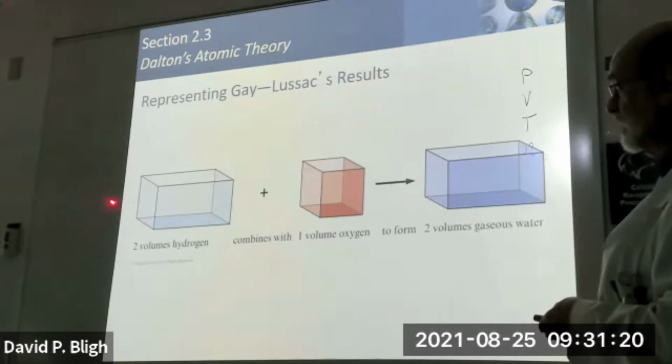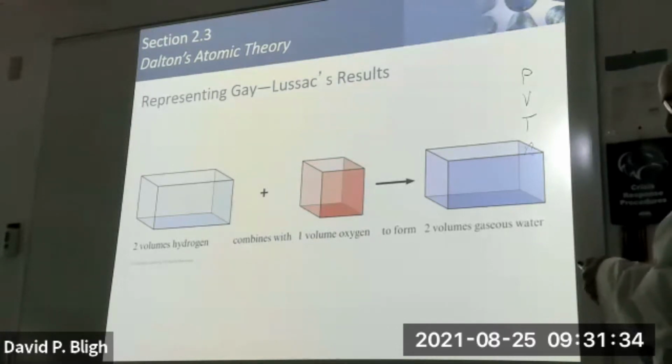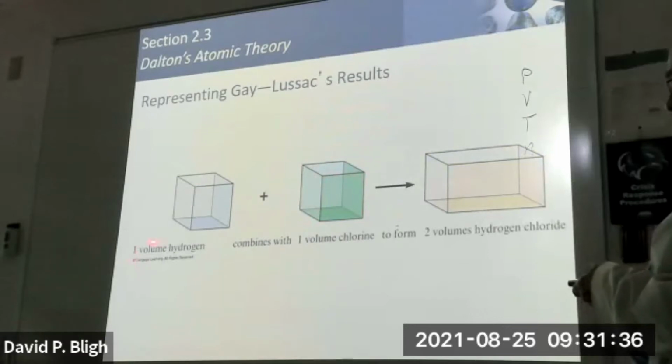Or in this case, 2 volumes of hydrogen and 1 volume of oxygen actually equals 2 volumes of water vapor. Okay, so how do you explain that? Well, he didn't. Gay-Lussac just noted these things. Now, sometimes they obeyed, right? 1 plus 1 equals 2 for hydrogen and chlorine, right?